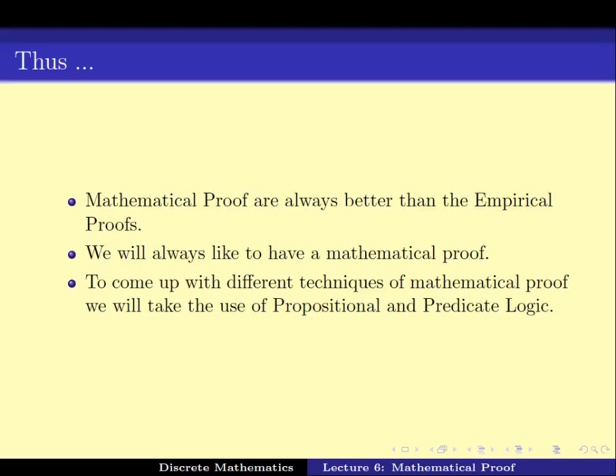So to come up with different techniques of mathematical proofs, we will be using propositional and predicate logic, this thing that we have developed in the last week. So we will use them to understand different mathematical proofs so that using them we can come up with solid proofs of them.